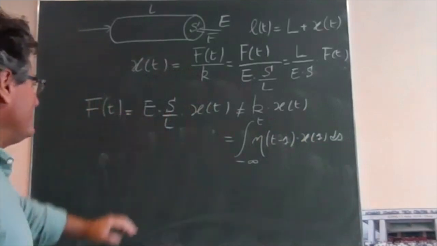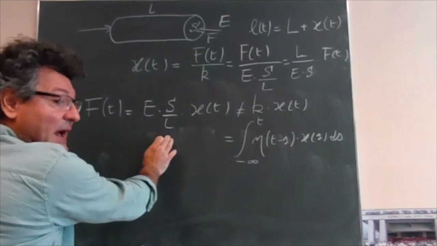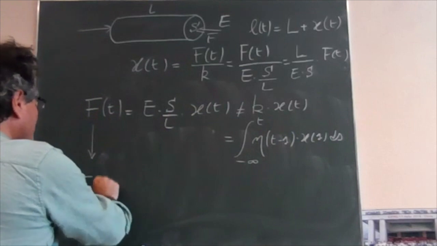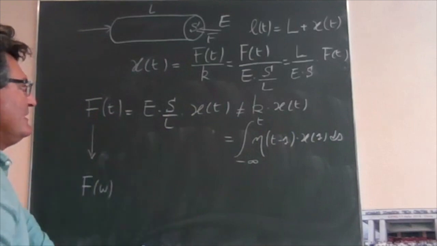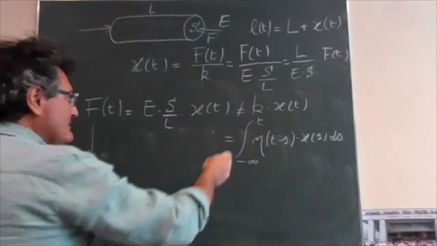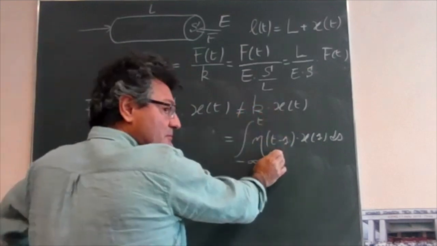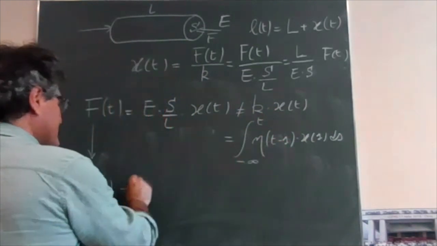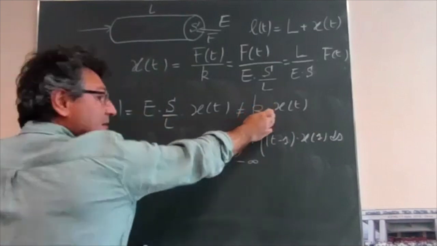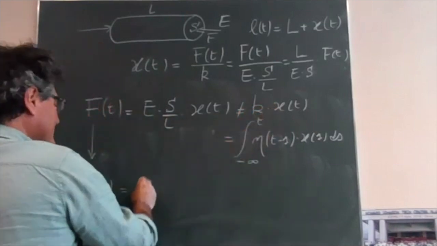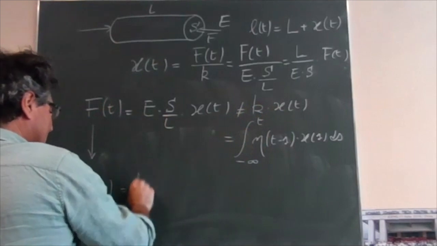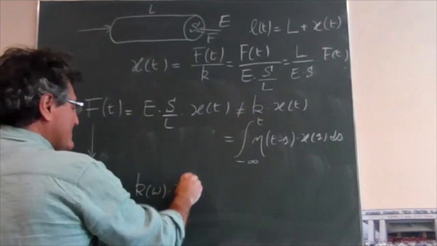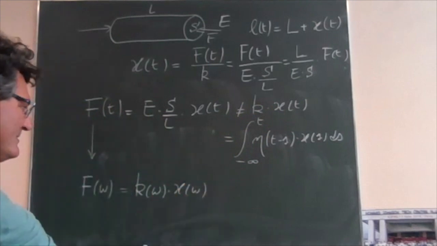So it means that when we go from the time domain to the frequency domain, this goes to f of omega, then we have the Fourier transform of the function eta. So this can be written as k of omega times x of omega.